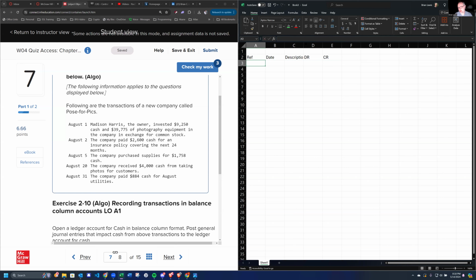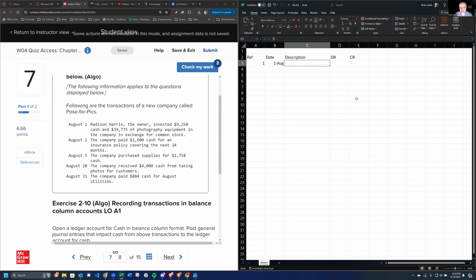When we record these, you want to make sure that the debit side matches the credit side so that you're fully balanced on both sides. We don't really have a reference on this, but let's just call it item number 1.